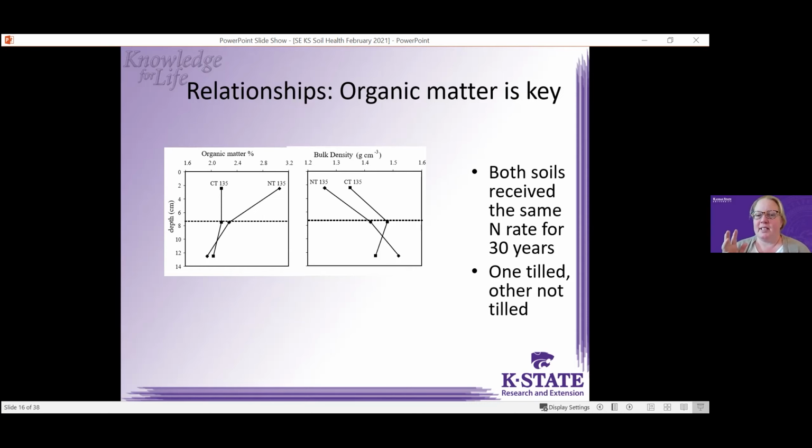So those three things together, organic matter, density, and depth, you have to multiply those, and that will give you the stocks. So tons of carbon is how we'll be trading carbon in the future, not percent organic matter change in your soil. So you have to have all those factors to be able to trade carbon and to be able to understand how much you can or can't sequester.